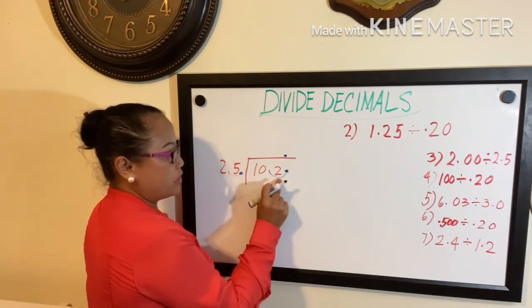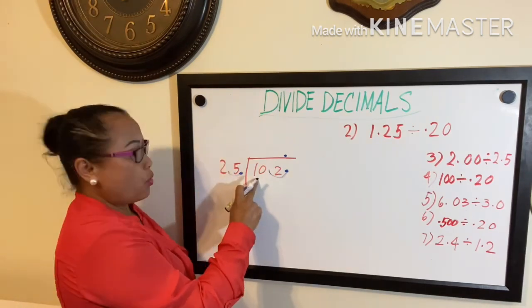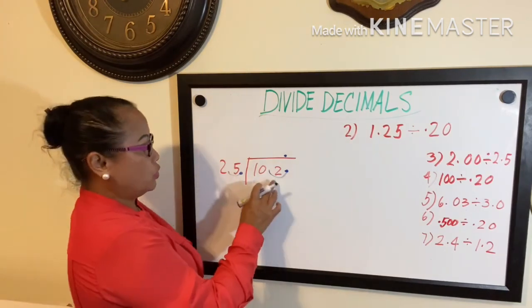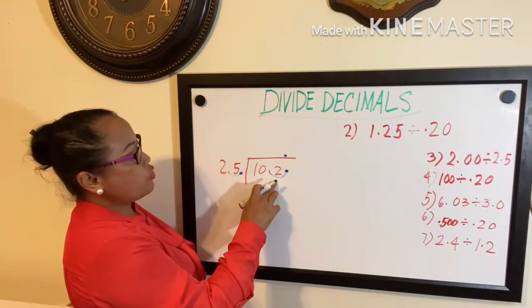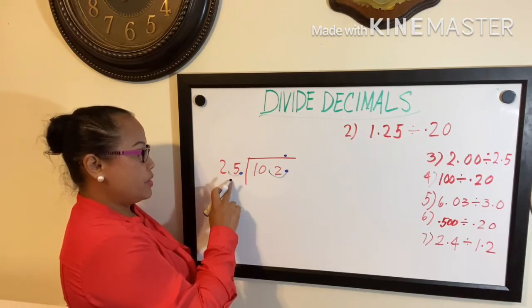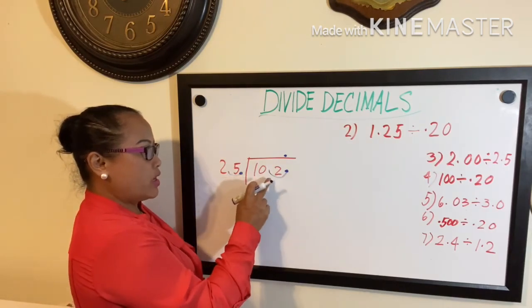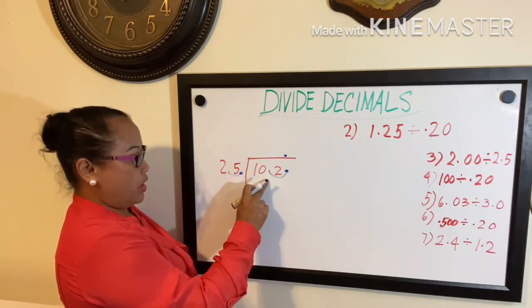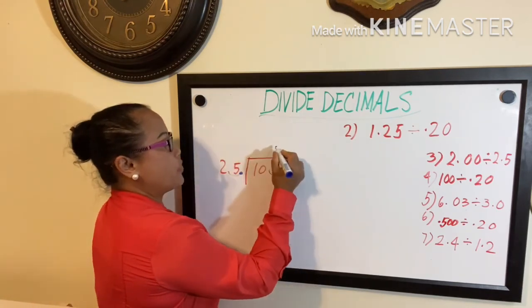We'll move up here. So now it becomes 102. Now in 102, how many 25 in 102? So how many 25 goes? There are 4.